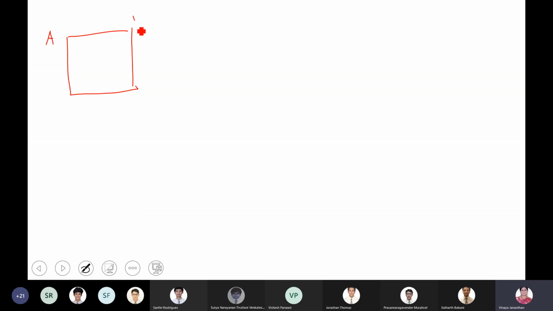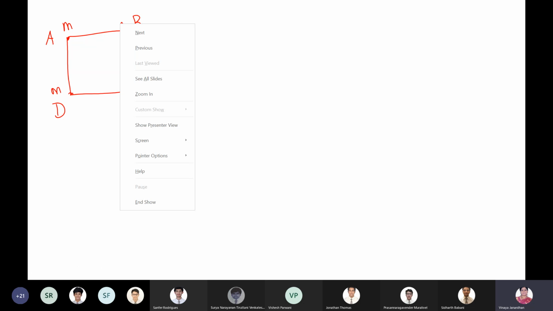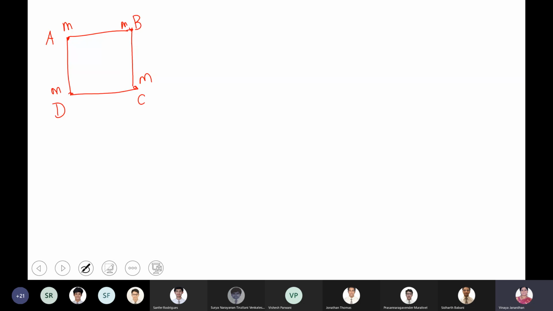You have a configuration of a square where you have 4 equal masses placed at the vertices. Boys, you have 4 equal masses placed at the vertices of a square of side length L, which means if you want to make all these 4 particles form a configuration of a square, you have to do a work.